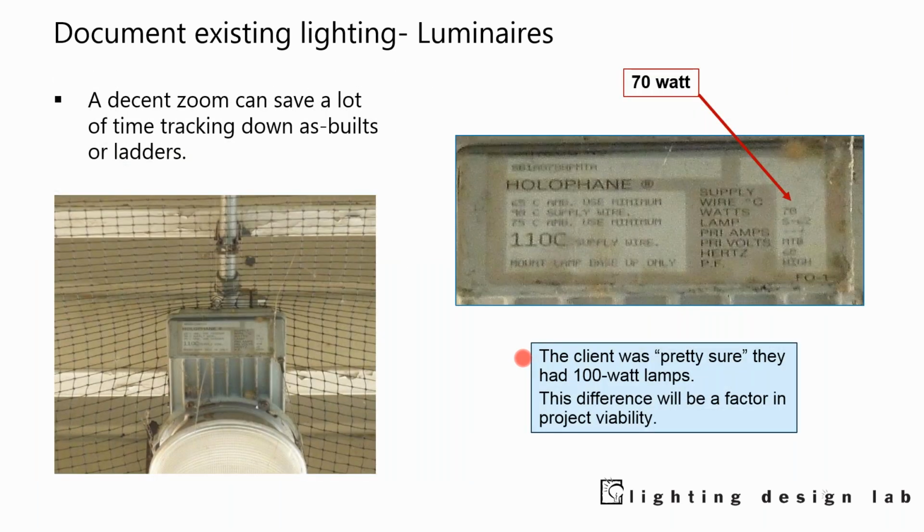Here's another case with some canopy lights, where the client was pretty sure that they had 100 watt, maybe even 125 watt metal halide lights. I zoomed in on the label, and I could see that actually it was 70 watts. That might make a big difference to the client, whether or not they actually want to move forward with that retrofit.